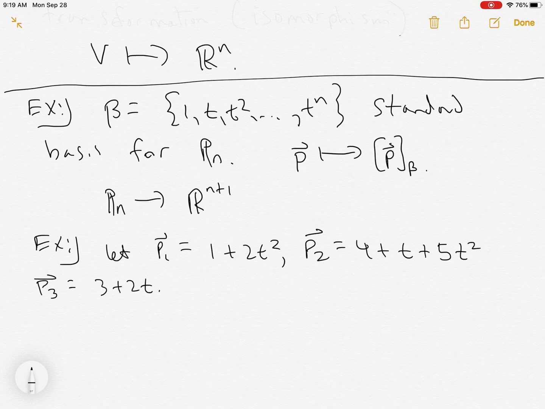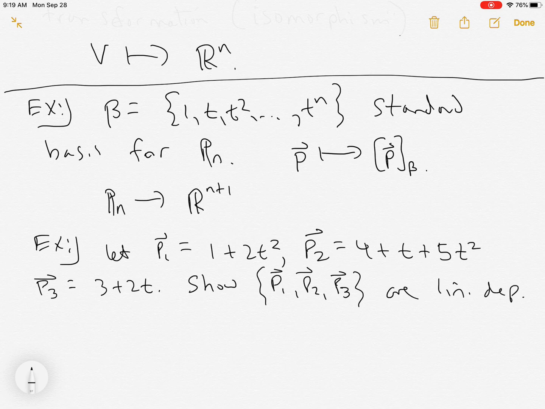Using this theorem, we're going to show p1, p2, and p3 are linearly dependent in P2. And that'll also say that they're not a basis for P2.